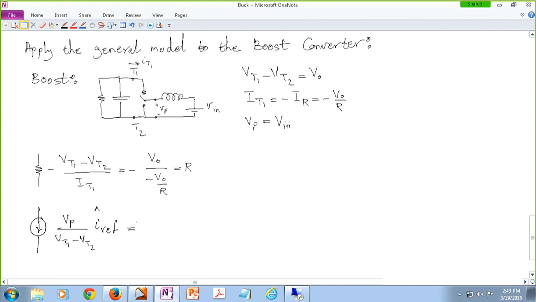We just said that VP is VN, VT1 minus VT2 is V out, and this is the reverse of the voltage transfer ratio. So V out over VN is 1 over 1 minus D, so VN over V out is 1 minus D times IREF.